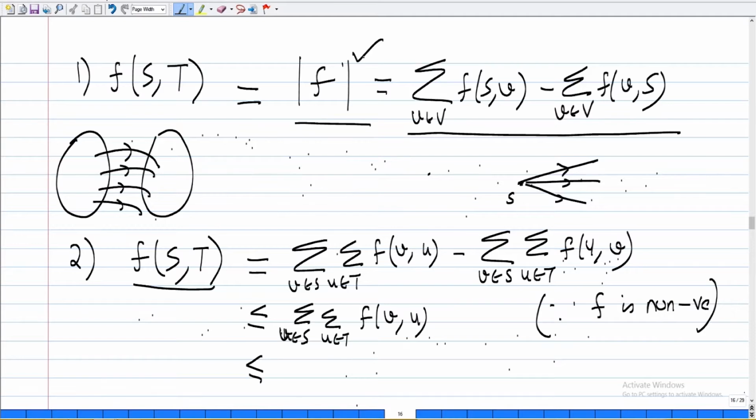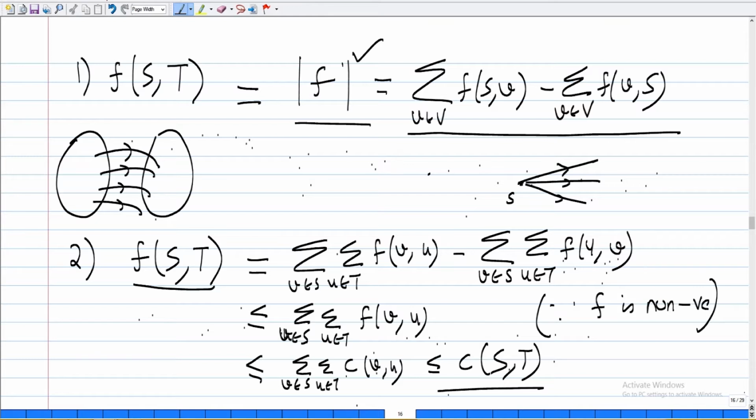So I am coming towards an upper bound, starting from f, this is equal, this is lesser than or equal to this, right, for a particular flow. What is this lesser than or equal to? Capacity, right? So this is the summation over v belonging to S, summation over u belonging to T, c(v, u), because every flow respects the capacity of the edge. This is less than or equal to the capacity of (S, T).